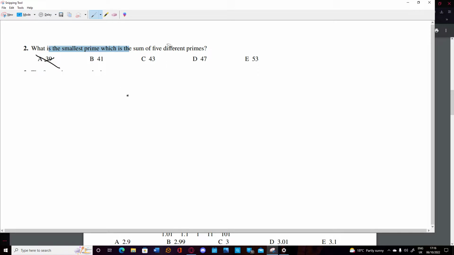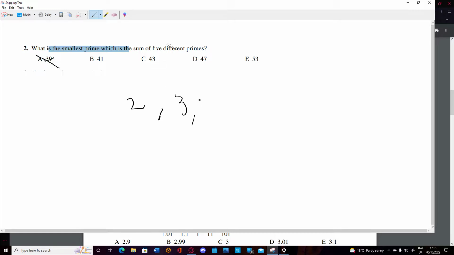So you just want to write down all the primes up until like 20, because if it's 5 different primes, the primes are all going to be less than the number, obviously, and you don't need to go too high.